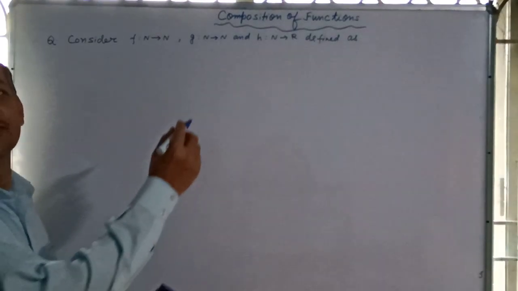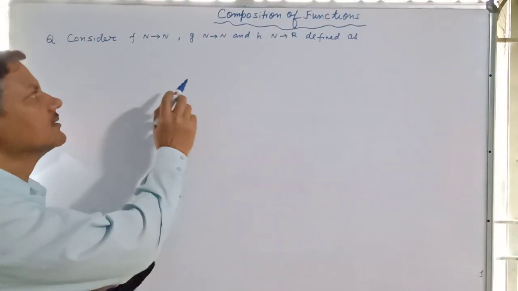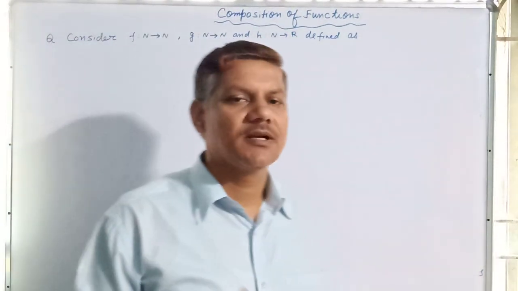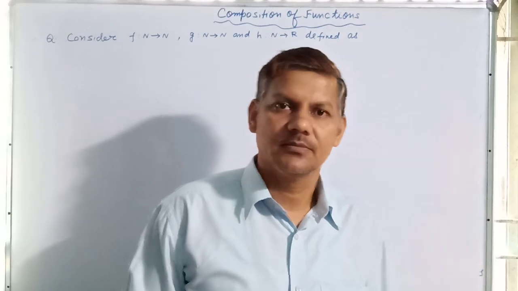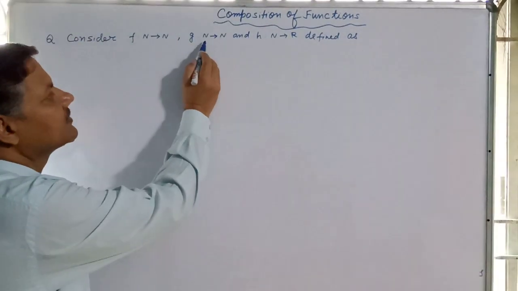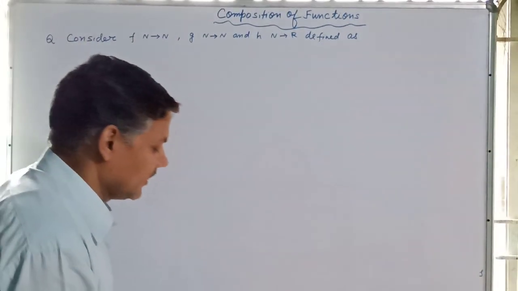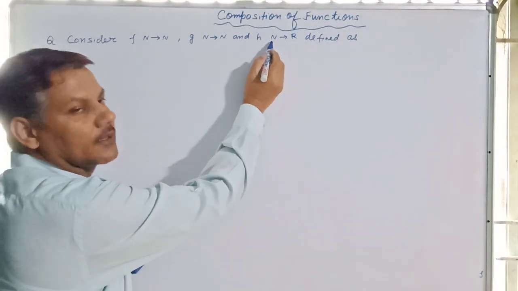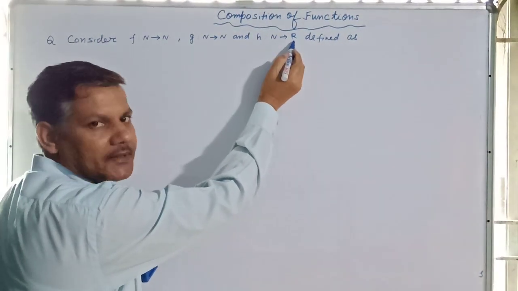Now today we are going to discuss a question. I am taking three functions. Function f is from the set of natural numbers to natural numbers. Function g is again N to N, and the next function is h, from the set of natural numbers to real numbers.